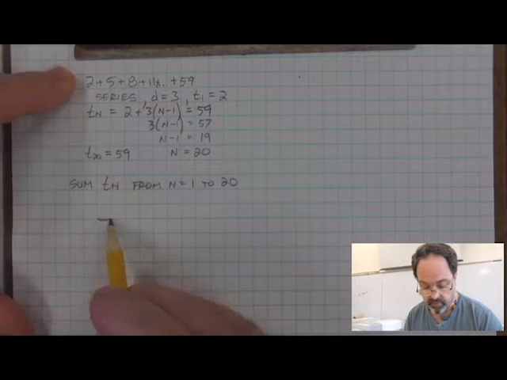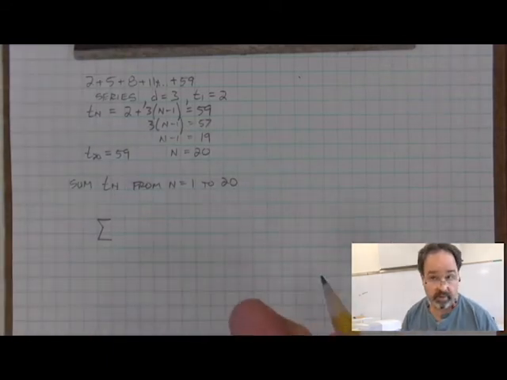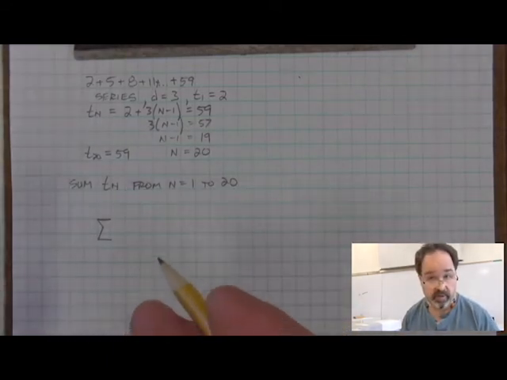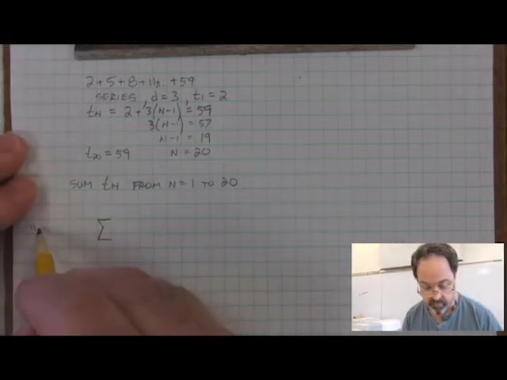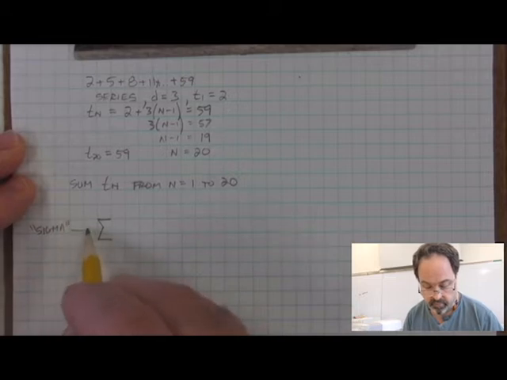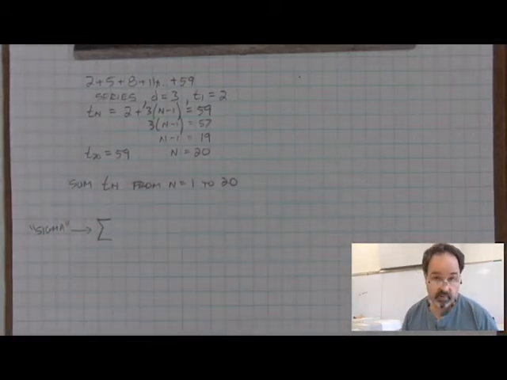Sigma notation starts with the Greek letter S, which looks like an angular E. This is a capital S in the Greek alphabet. And we call this symbol sigma. Sigma stands for sum.